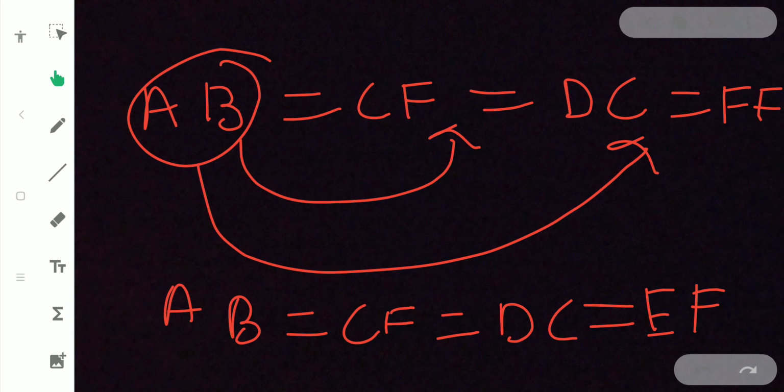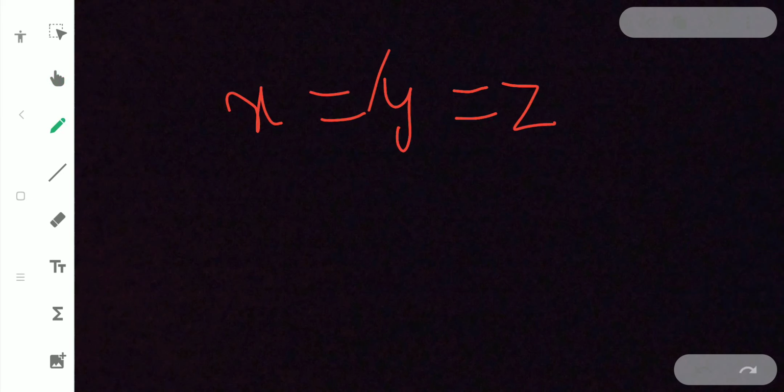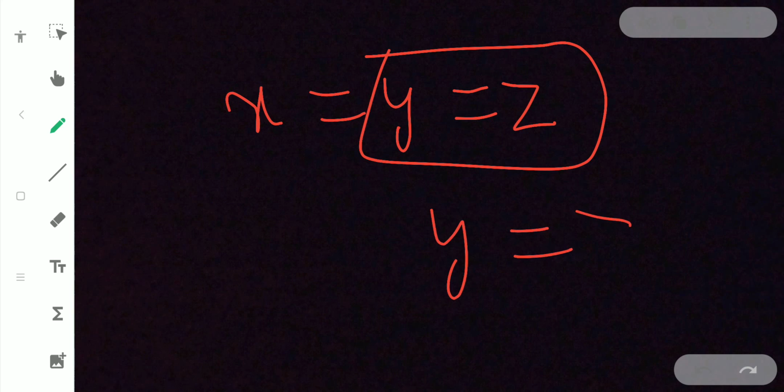Now, actually we should write, for the proving questions, that if X is equal to Y is equal to Z, I can only take Y is equal to Z from this equation.